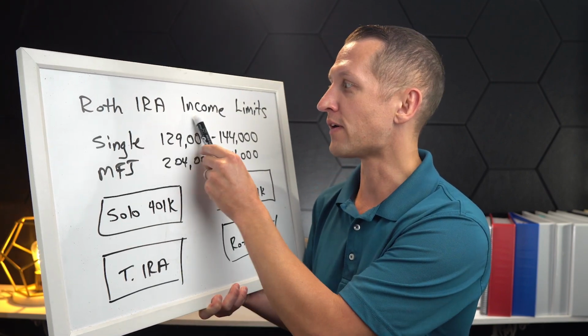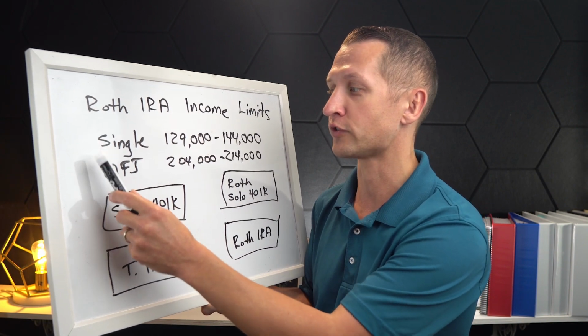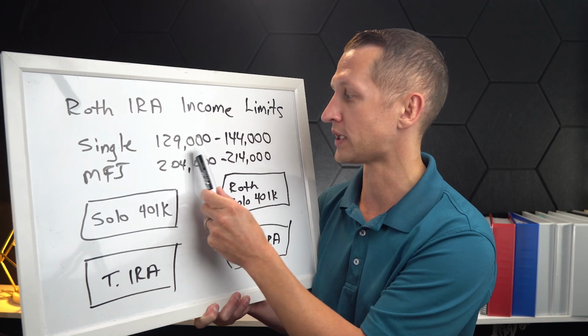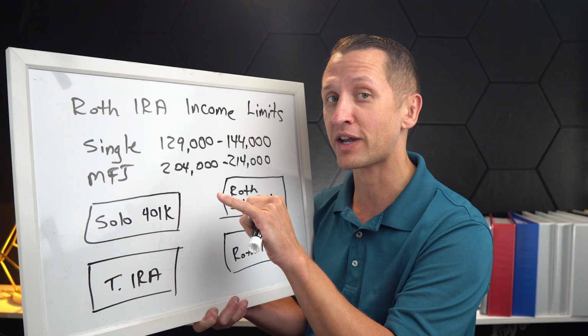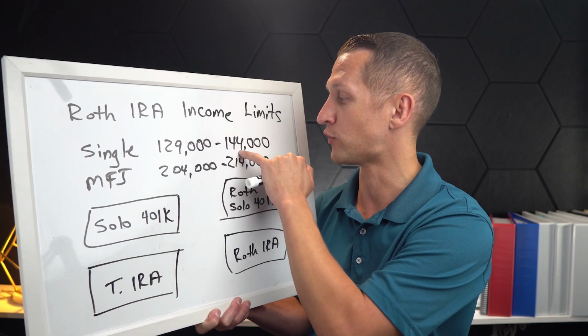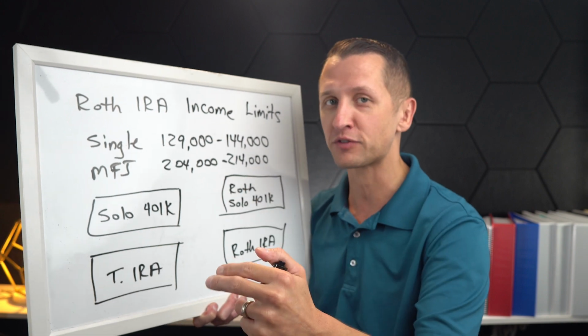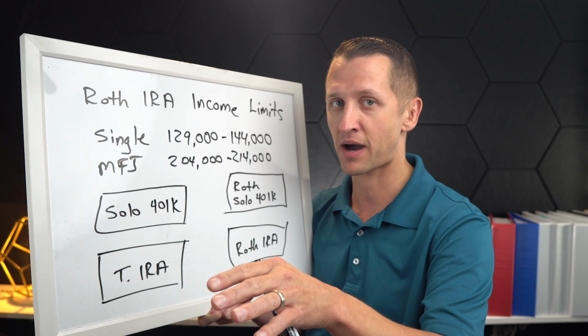With the Roth IRA, you have income limits, and the income limits for 2022 for singles and married filing jointly. The phase outs for singles is $129,000 to $144,000. If your modified adjusted gross income is above $144,000, and the modified adjusted gross income adds a few things back, one of those is student loan interest, that's the modified part.